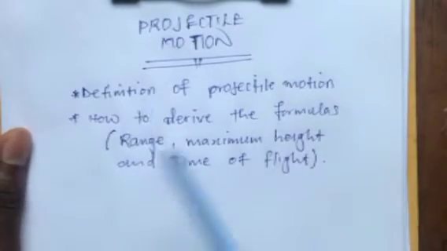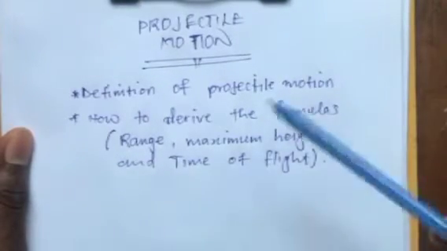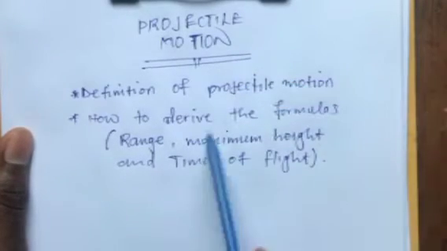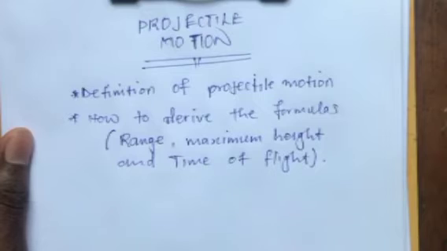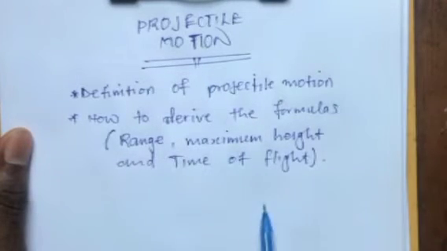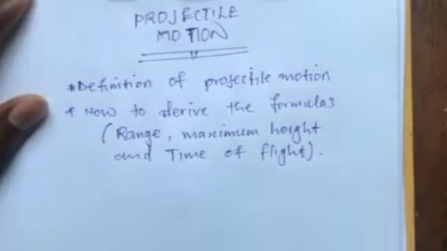So as to the part of introduction, specifically we're going to focus on these. You have to know how to define what we call projectile motion and also how to derive the formulas. These are what we're going to focus on for today.